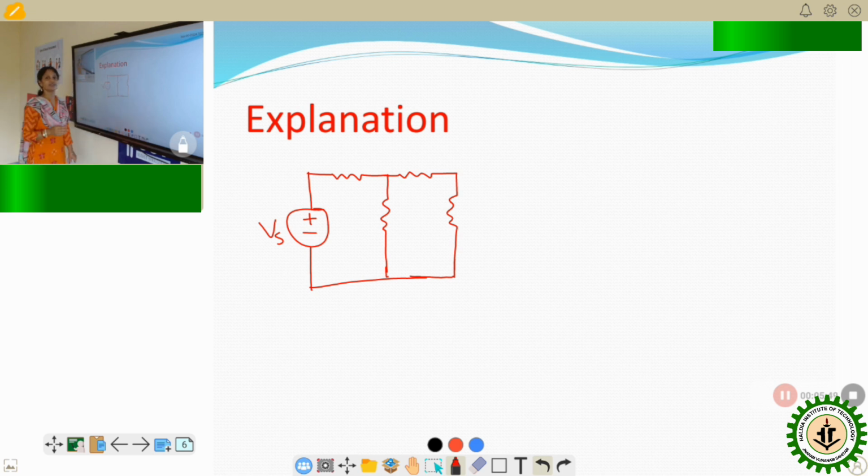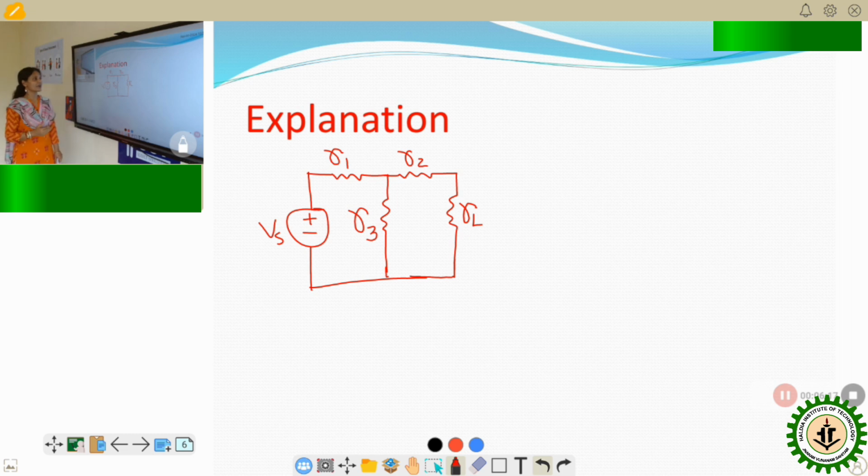For understanding the statement of Norton's theorem, first I want to explain that network. That network has one voltage source Vs and consists of 4 resistors: R1, R2, R3 and RL.